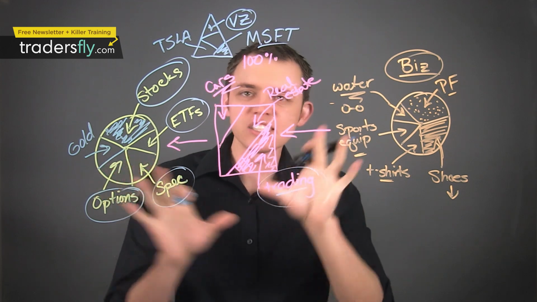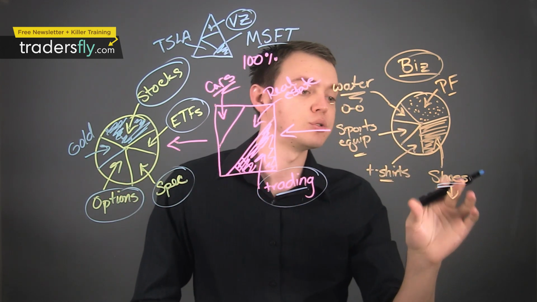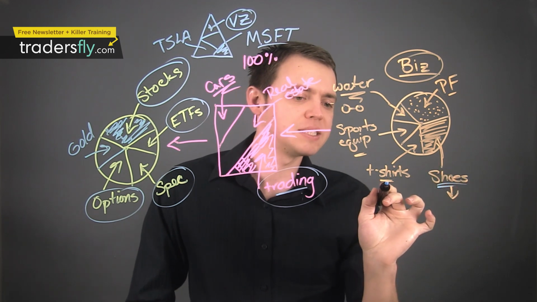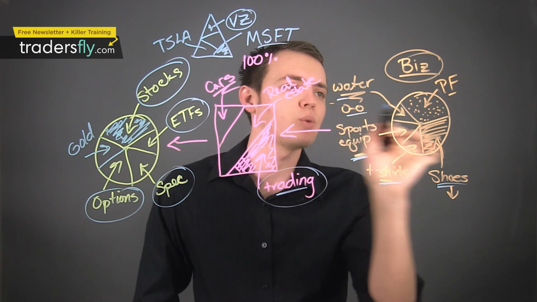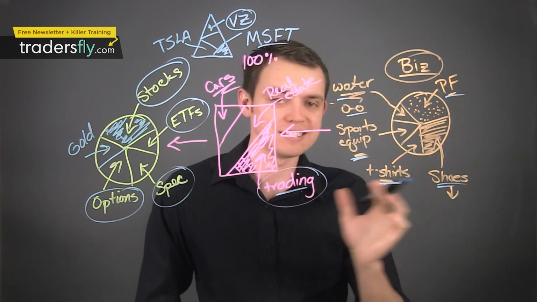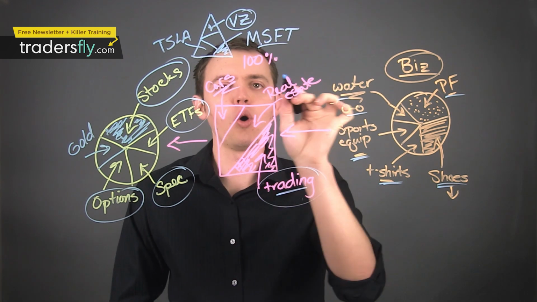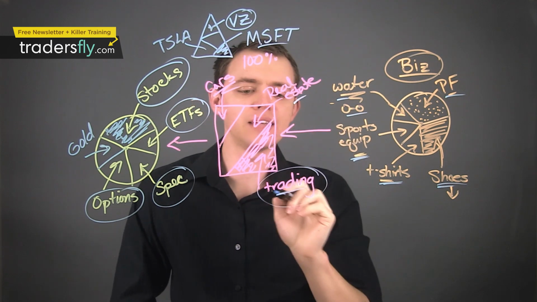That's why you spread this out, similar to what a business does when it sells shoes primarily. But if something goes wrong, you still have t-shirt sales, you still have sports equipment, sunglasses, water bottles, personal fitness lessons and classes. And the same thing goes in trading. Your whole investment portfolio might be with cars, real estate, and trading.